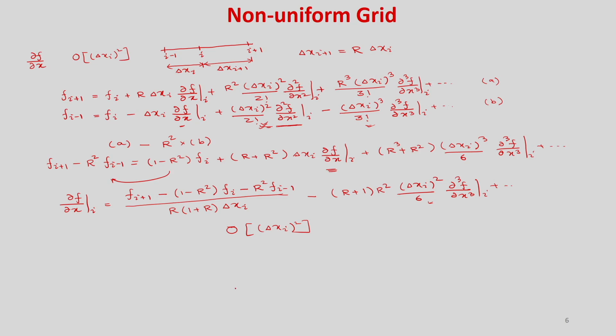Now if we want to find the approximation of the second derivative, del 2 f by delta x square, using these 3 points f_{i-1}, f_i and f_{i+1}, let us find it. We will use the polynomial method. Here, in the last term there will be division by r into (1 plus r), because we are dividing.